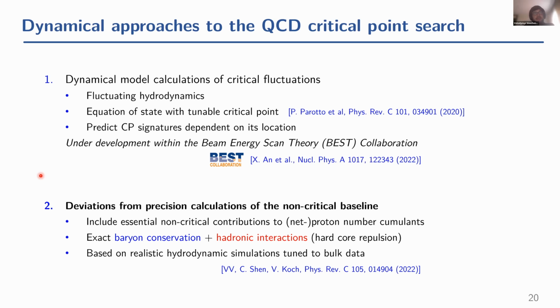Then modeling is somewhat easier because you don't have to incorporate critical point physics in your dynamical model. But what would be the precision predictions for this baseline? If we then compare these predictions with the data, we could see if the data are consistent with this baseline. And if it's not consistent, we can think about whether we can interpret this as a signature of something interesting, like a critical point.